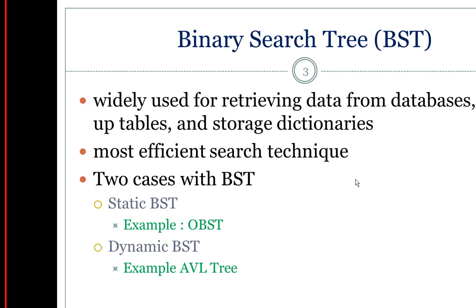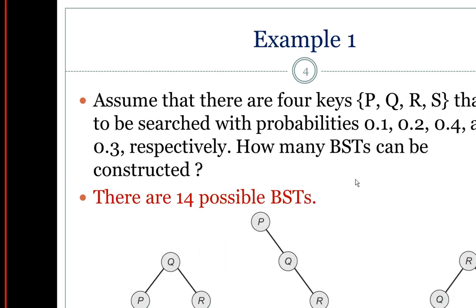There are two types of binary search tree, static BST and dynamic BST, and OBST is the type of static BST. Now consider the example. If there are four keys P, Q, R, S and different probabilities are given, how many BSTs can be constructed for these four keys?